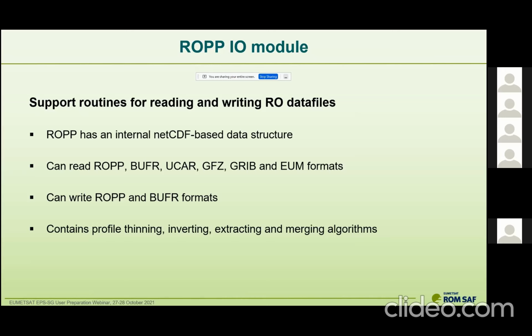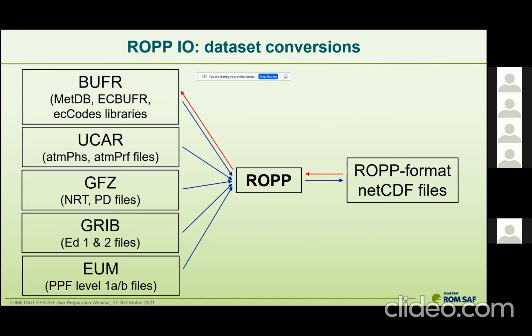And what I've just loosely described there is EUMETSAT formats, like the things that Ricardo was just describing a moment ago, the profile production facility. We can read all those formats, and we can write out in ROPP and buffer formats. And there are administrative features like profile thinning, inverting, extracting, and merging profiles.